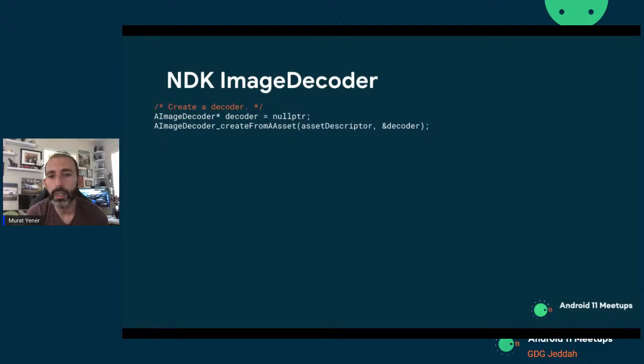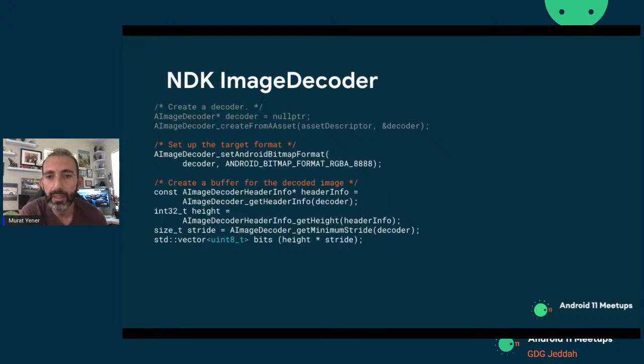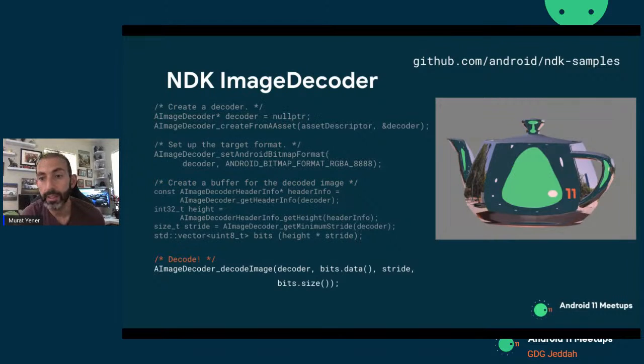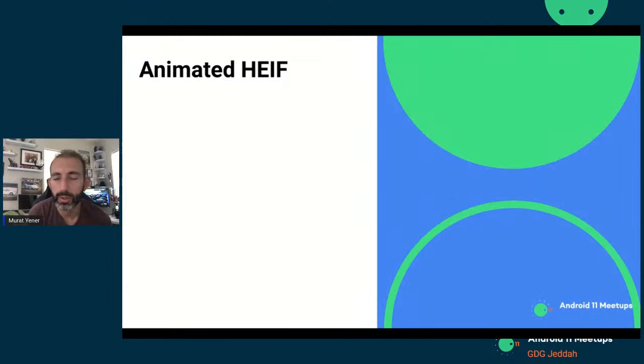To use a decoder, you create a new decoder, create the asset, and then you can set up the target format, create a buffer for the decoded image, and finally decode the image. If you want to see more samples and learn more about this, you can go to GitHub Android NDK samples, and you will see different samples on the NDK image decoders.